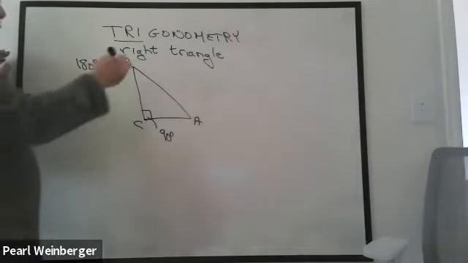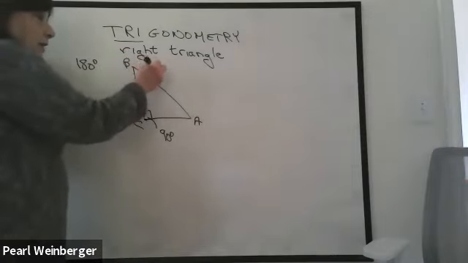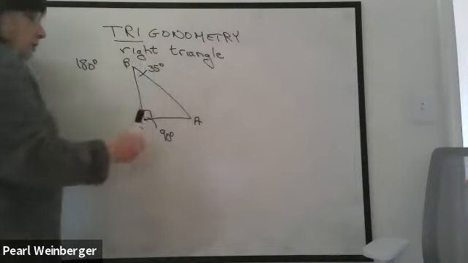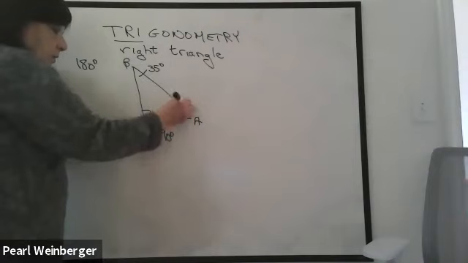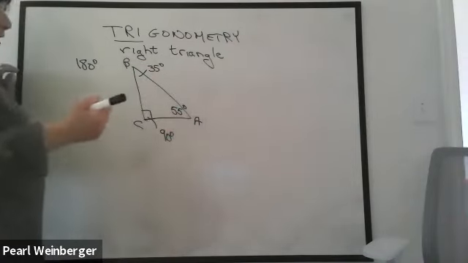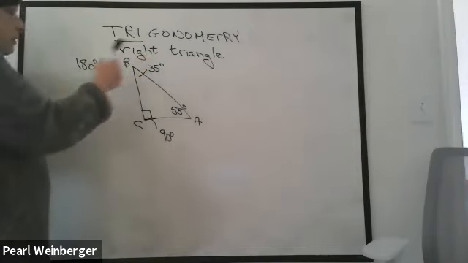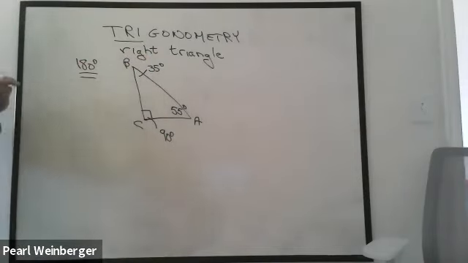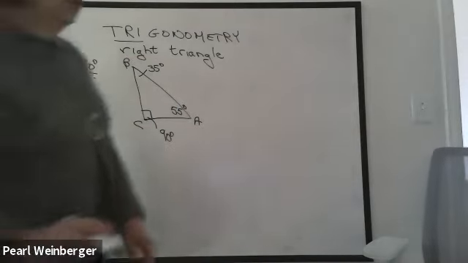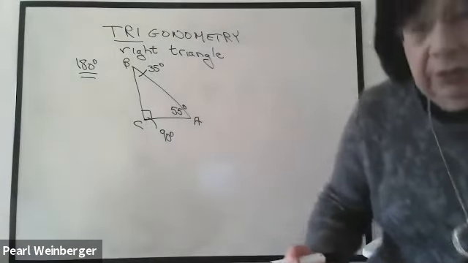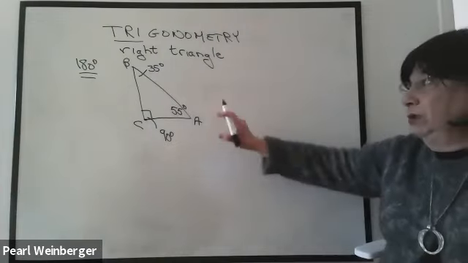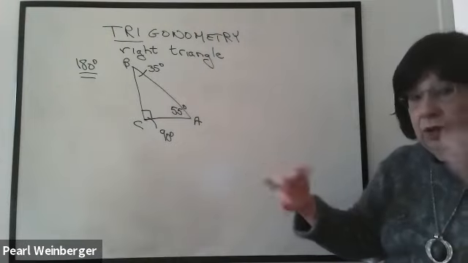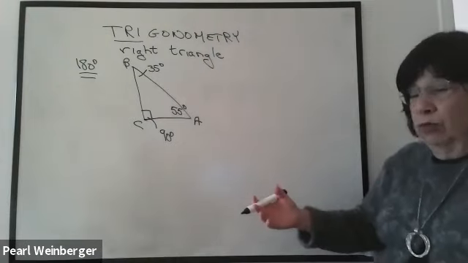So if I, for example, know that angle B is 35 degrees, then this will have to be 55 degrees because 35 and 55 add up to 90. And if you add all 3 of them together, you're going to get 180 degrees. So that's number 1. You have this right triangle, and the angles of the triangle are usually quite easy to figure out. All you need really is to know one angle other than the right angle, and of course you have all 3 angles.